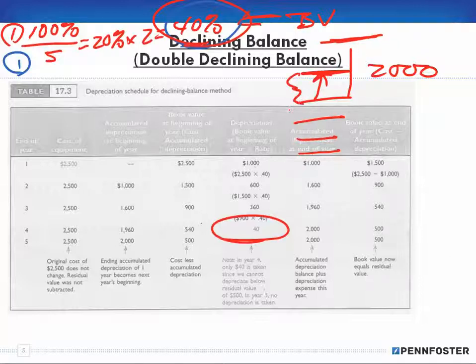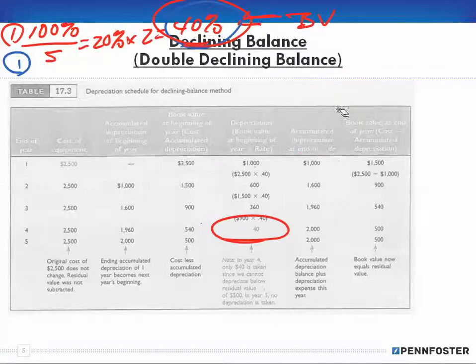I can only take the difference between where I'm at and whatever my salvage value is, the depreciable amount to hit my salvage value, right? So, and I showed that in two different ways. I can either keep paying attention by looking at the book value and seeing how close I get to my salvage value here, or I can look at my accumulated depreciation and see when I get to that limit of how much I can possibly depreciate.